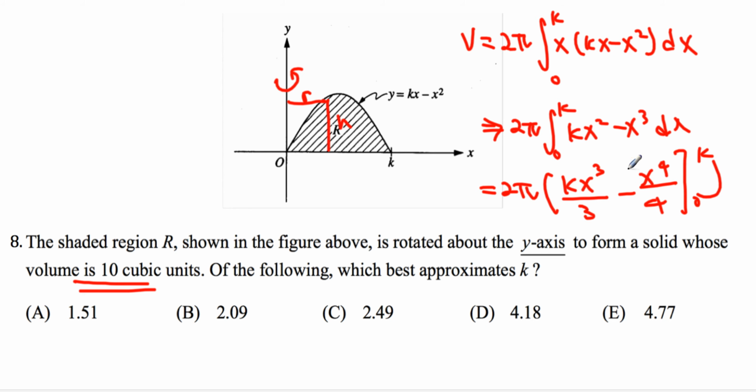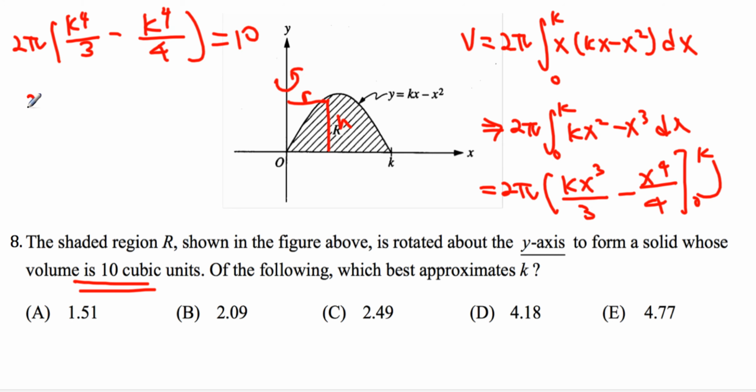Now, when you plug in 0, we know that everything cancels out, but when you plug in k, we end up getting something like this. 2 pi was already there. Here we have k to the 4th power over 3 minus k to the 4th power over 4. That has to be equal to 10. Then we can see that 2 pi, and this becomes k to the 4th over 12, equals 10. So when I cancel these two things out, we get 6.